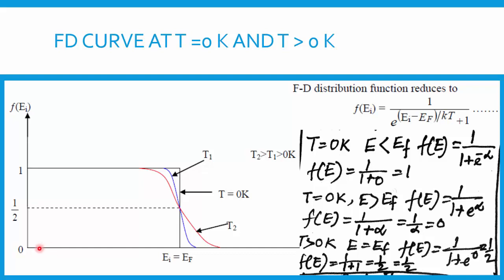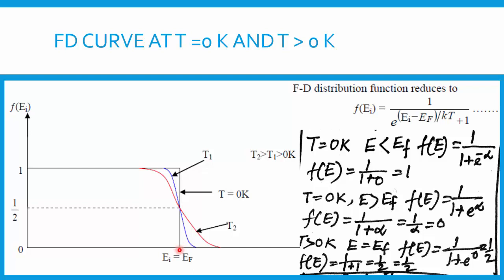So how does it happen? Let us say this value is EF. I will explain EF later on. So this is your EF, some value. The x-axis is energy, with E1, E2, E3, E4, E5 like this. This is the valence band part and this is the conduction band part. You choose a point, let us say EF.